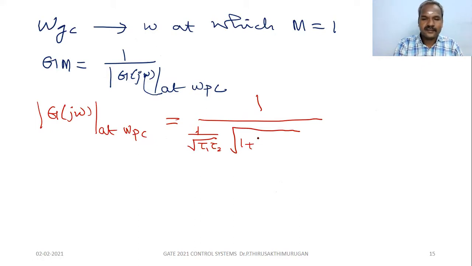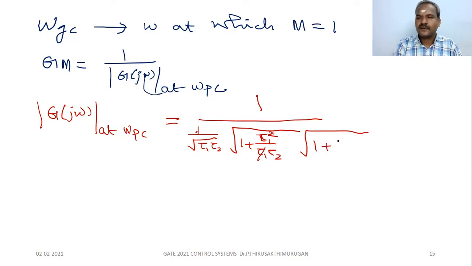Omega square is 1 by tau 1 tau 2 into tau 1 square. Tau 1 cancels, so tau 1 by tau 2. Then 1 plus becomes tau 2 by tau 1, right?